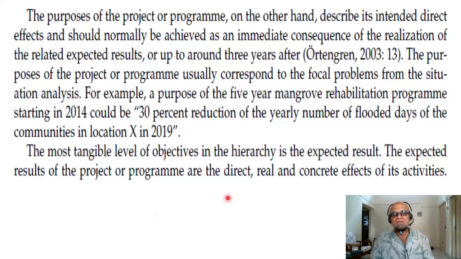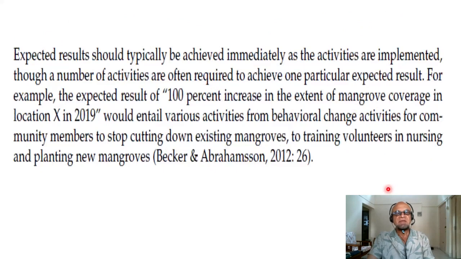The most tangible level of objectives in the hierarchy is the expected result. The expected results of the project or program are direct, real, and concrete effects of its activities. That's the goal, that's what you're investing in. Expected results should typically be achieved immediately as the activities are implemented, though a number of activities are often required to achieve one particular expected result.